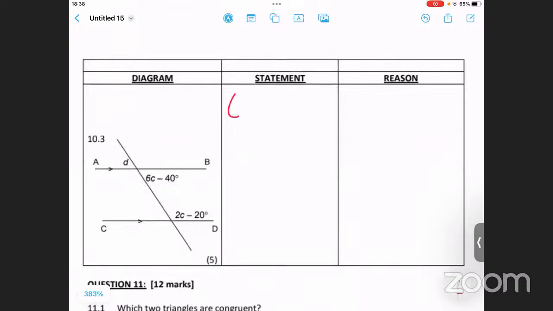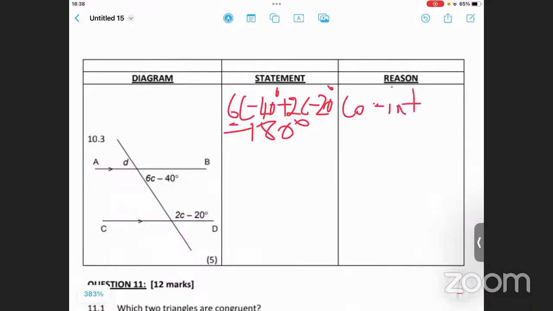Okay, so you said 60 minus 40 degrees plus 2c minus 20 degrees equals 180, and the reason is co-interior angles.